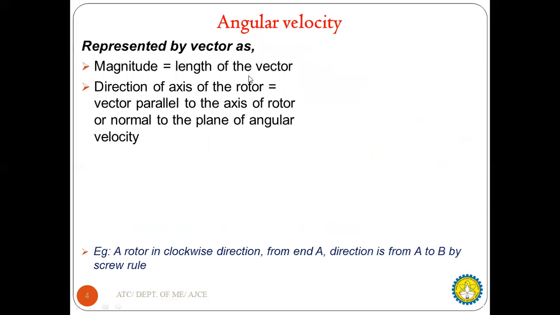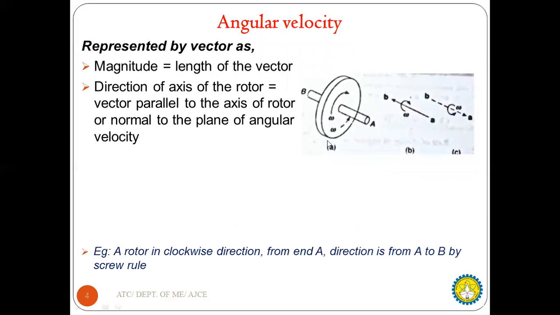Then angular velocity. Here we are considering a disk rotating with angular velocity omega. If you are looking from this end A, how will we represent the angular velocity vector? The magnitude of the angular velocity vector is equal to the length of the vector. So this is the representation of the angular velocity vector AB.